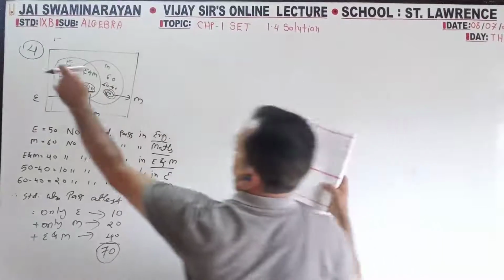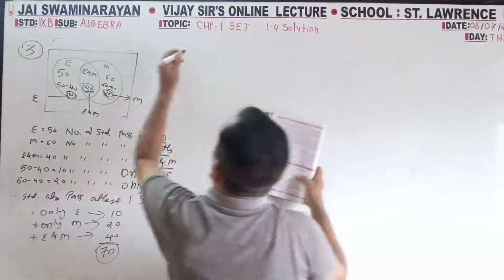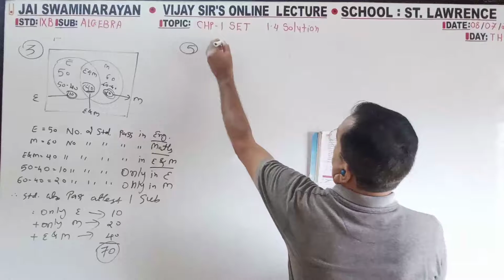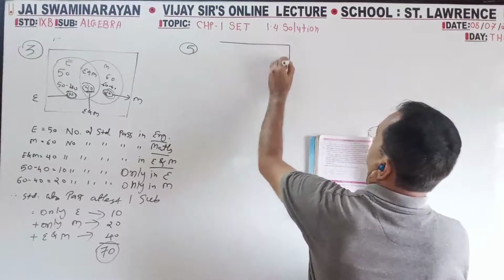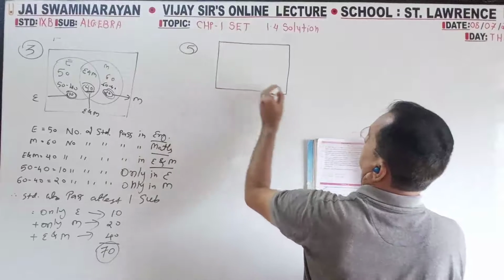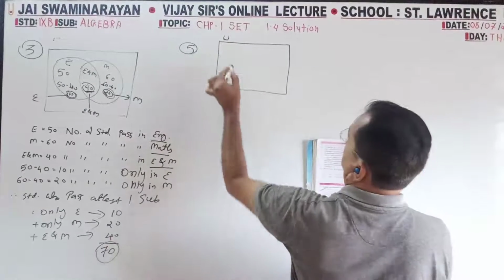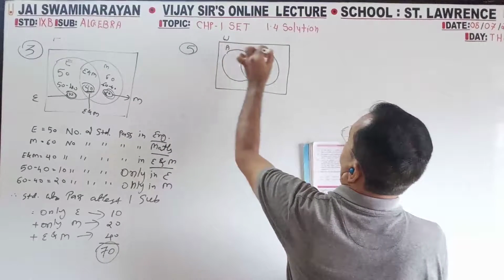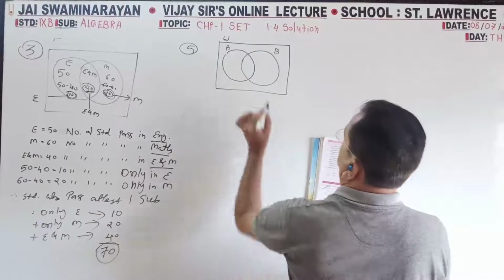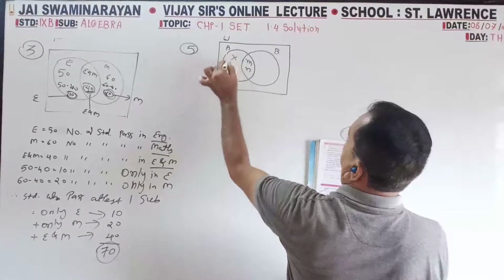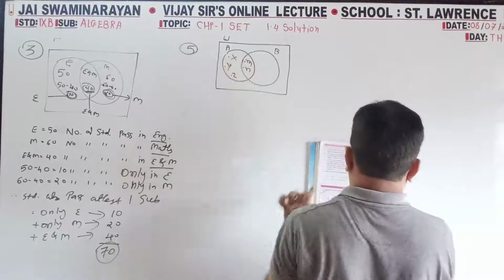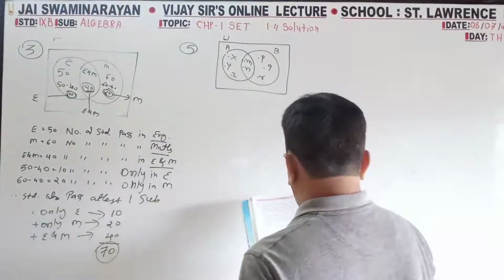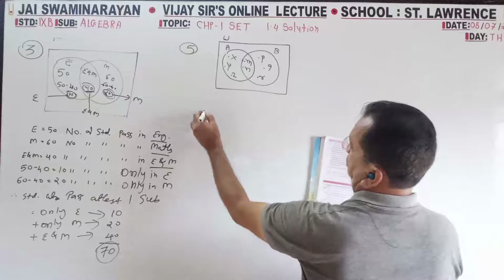Now first I do the fifth, then I will write the fourth. Universal is given. This is U, this is A, this is B, this is M, N, this is X, Y, Z, this is P, Q, R. See how much answer we want.